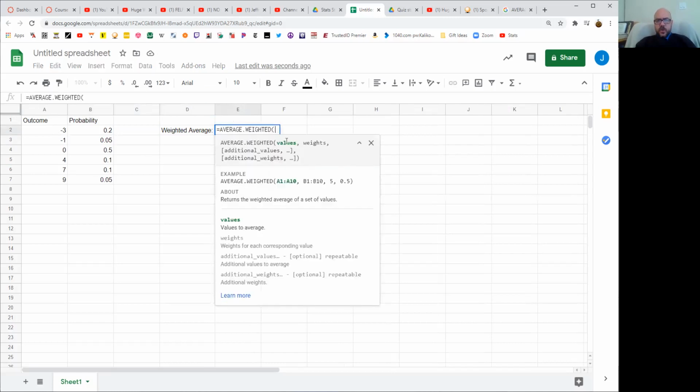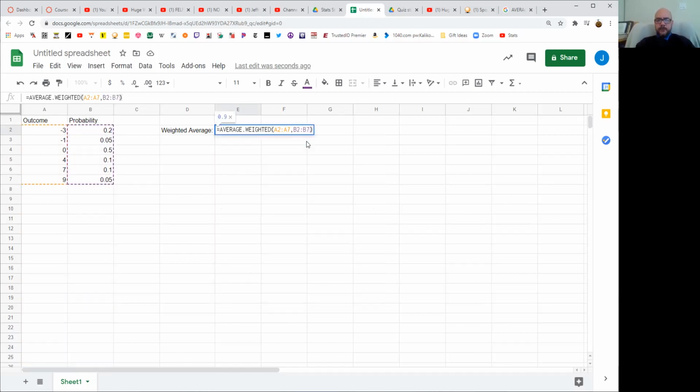It wants the list of values, comma, the list of weights. My list of values goes from A2 to A7, comma, the list of weights, which is B2 colon B7, like that.